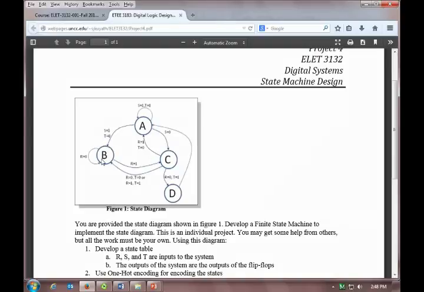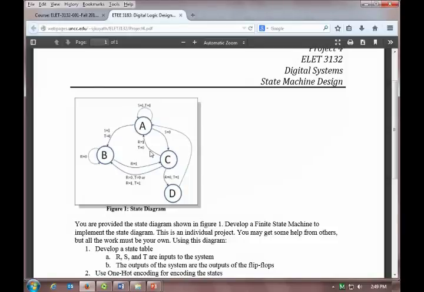So when you look at B and look at the transitions leaving B, it's this one and this one. And it's just R. So S and T don't matter. Those are going to be don't cares. For C, we got this transition leaving, this transition leaving, and this transition leaving. And they're both R and T. Nothing to do with S. So S is going to be don't care.